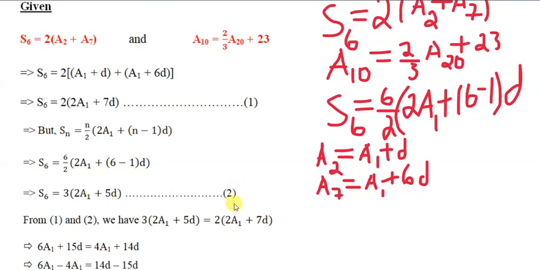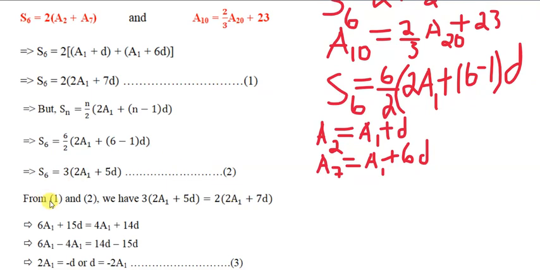Call this equation number 2. Then combine these two. From 1 we have 2 times 2a1 plus 7d. The two must be equal, because S6 here must equal S6 there.